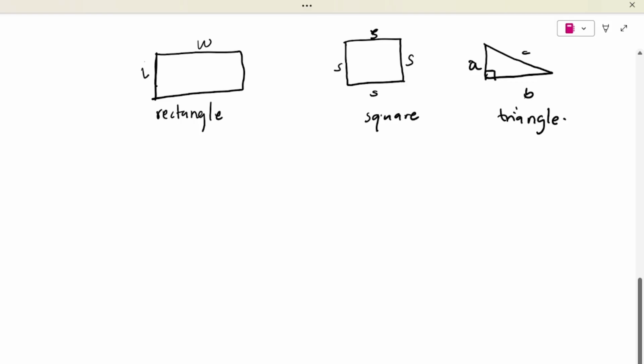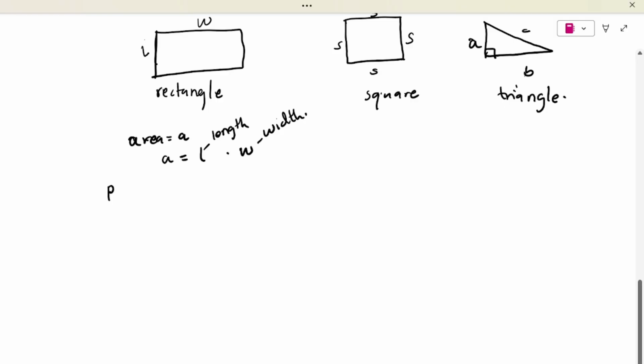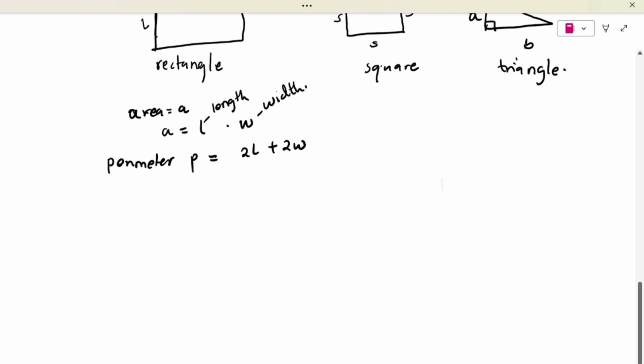The area of a rectangle can be solved like this. Let's call area A. So area A is equal to L, which is length, times W, which is width, and perimeter, which is P, is equal to 2L plus 2W.